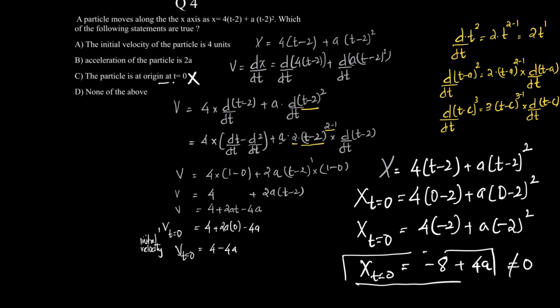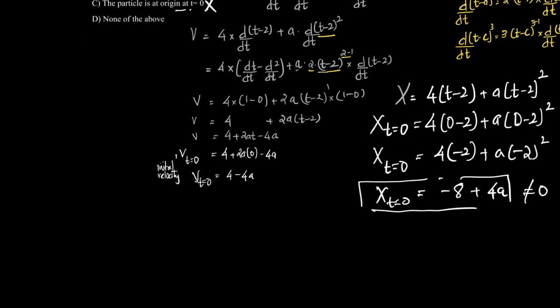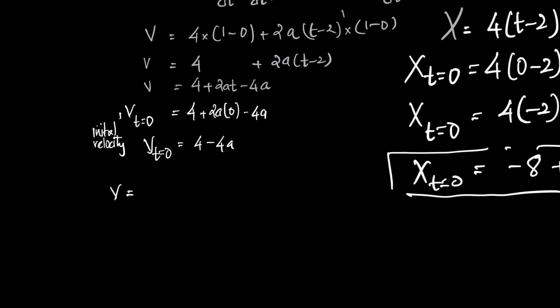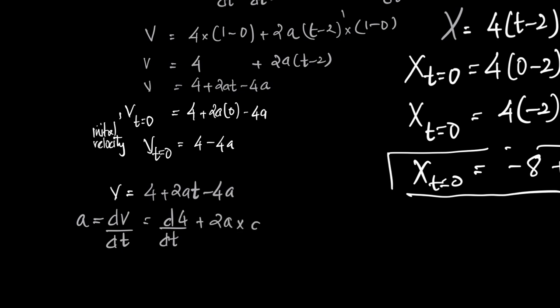So now let's see, the acceleration of the particle is 2a. Since we have v is equal to 4 plus 2at minus 4a, what is a equal to? a is dv by dt, which is equal to d by dt of 4 plus 2a into d by dt of t minus d by dt of 4a.